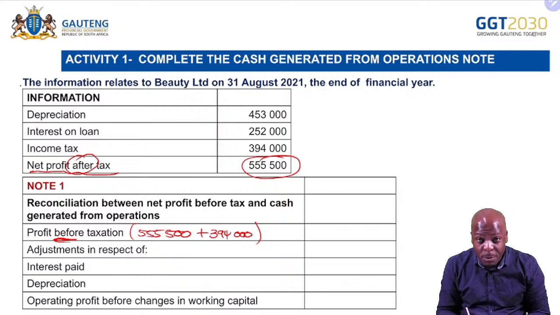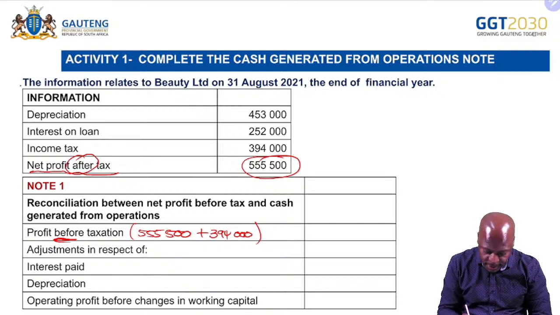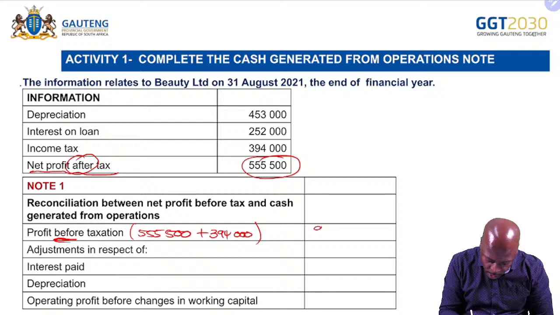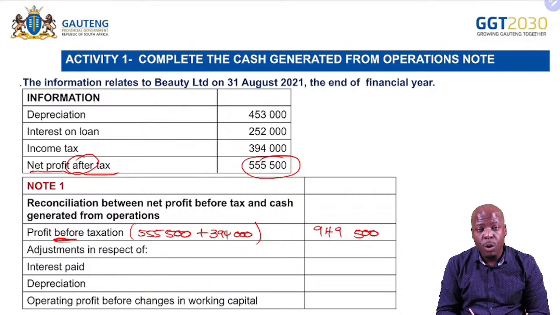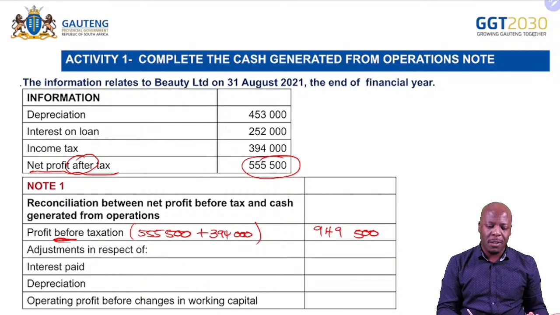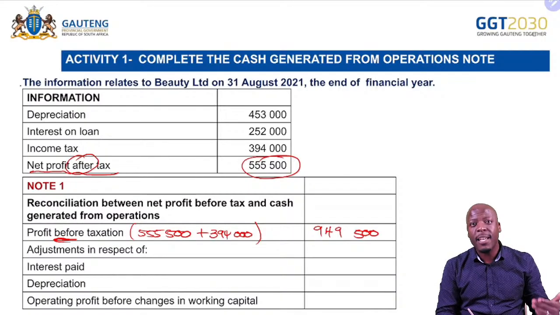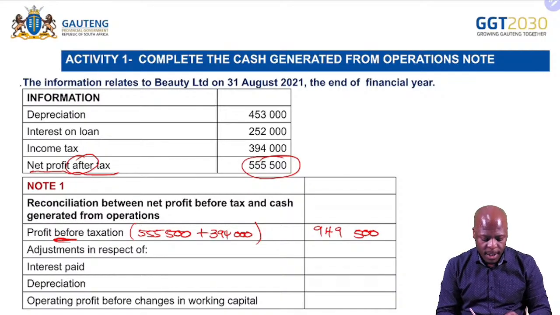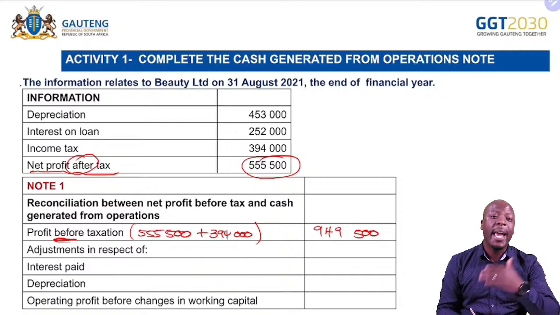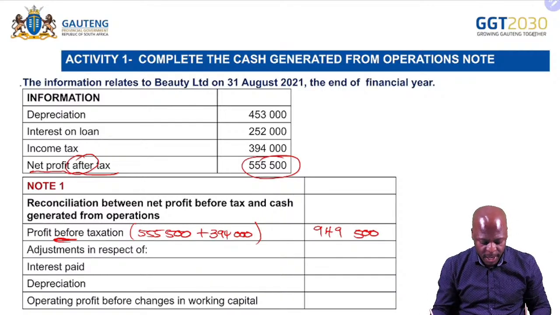When I add those two figures, already on a calculator you can see, you're going to have what we call 949,500. You've shown the examiner, I know the difference between net profit before tax and net profit after tax. Here I wanted before tax, so I add income tax back to net profit after tax.